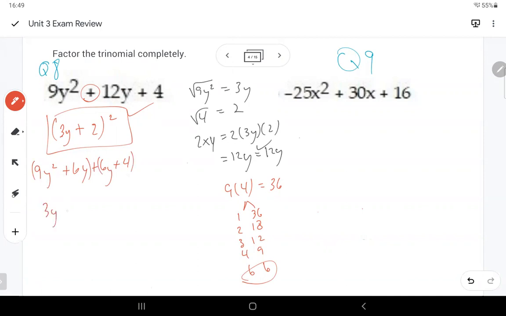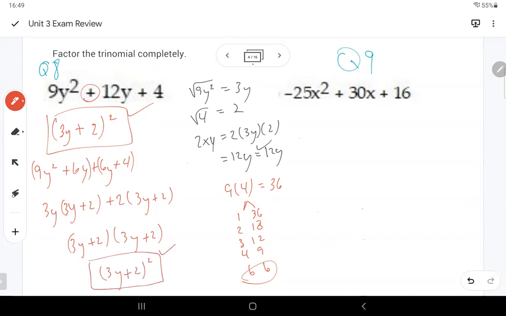We get 3y, which is 3y plus 2. And then we're going to take out a 2 and get 3y plus 2. So we get 3y plus 2 and 3y plus 2. And we have 2 of them, so we could write it as 3y plus 2 squared. So here we proved it, that it works.